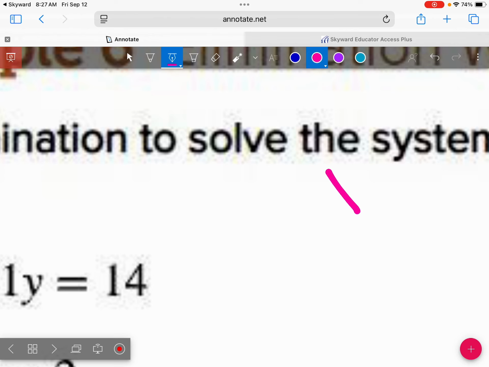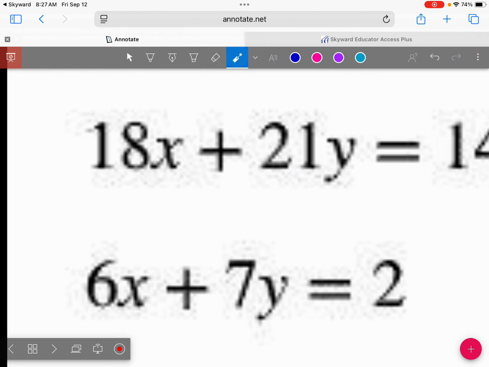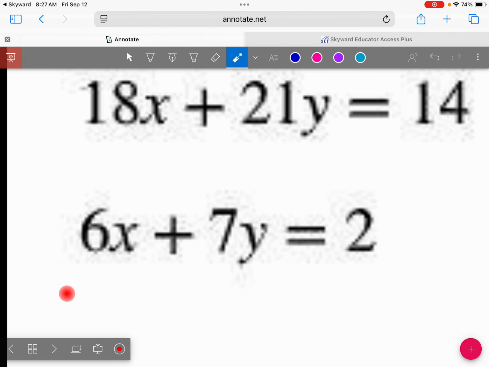I'm going to put down, we're looking at the x's here. I would like them to have the same number, but with opposite signs. So if I have 18x and 6x, I'm going to look at the smaller one, which would be 6. Is there a number I can multiply 6x by to make it 18? 3.